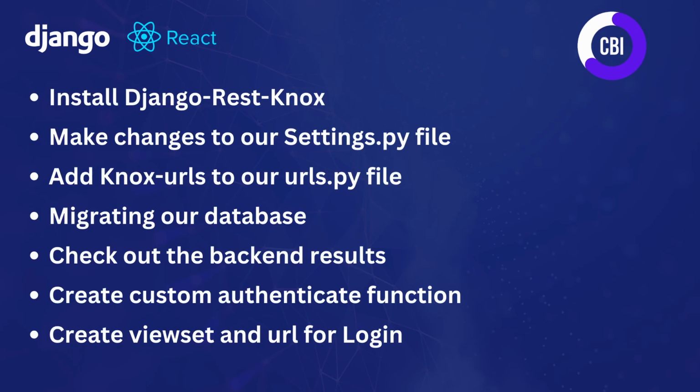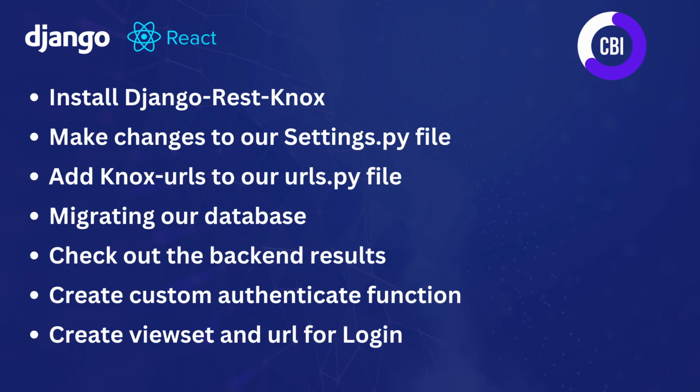Now, to do that, we're going to be following 7 steps. First, we're going to install Django Rest Knox, and I'm going to tell you a little bit about why we use that for authentication. Next, we're going to make some changes to our settings.py file so that everything is configured for using Django Rest Knox. We're then going to add the URLs from Knox to our urls.py file, and we're going to migrate our database because Knox will create a few additional tables that we need for login.